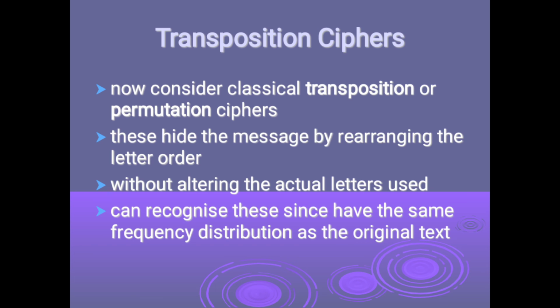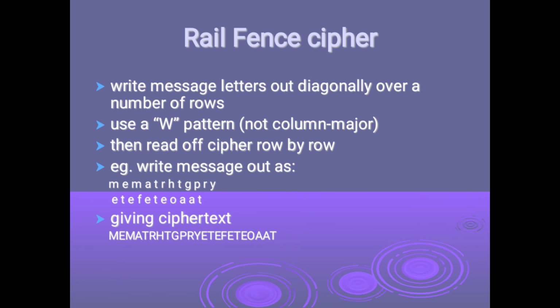In transposition, we are not changing the letters, only their positions. We can recognize these since they have the same frequency distributions as the original text. The rail fence method is one example of that.